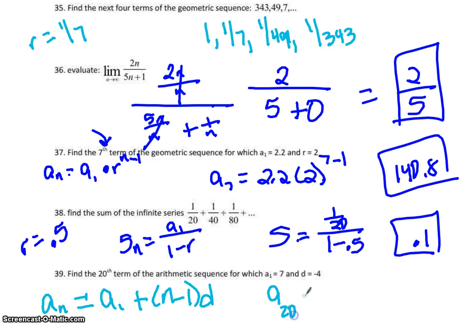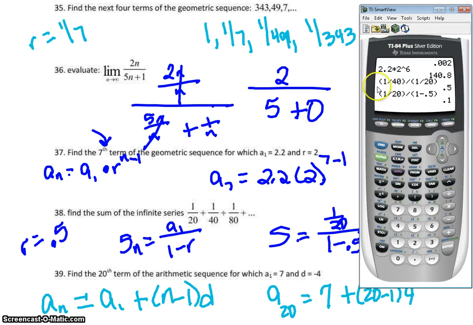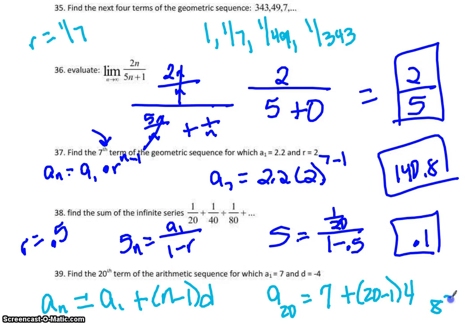So A20 is going to be equal to A1, which is 7, plus n minus 1, so 20 minus 1, times d, which is 4. So using your calculator, you would say 7 plus open, 20 minus 1, close 4, and you would get 83. So the 20th term on this would be 83, and that's your answer there.